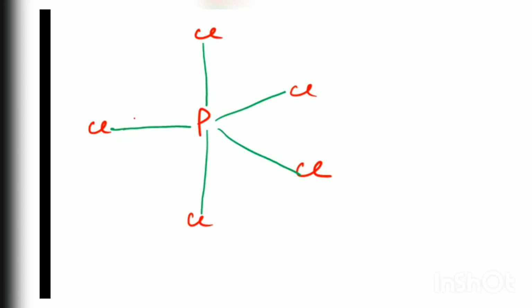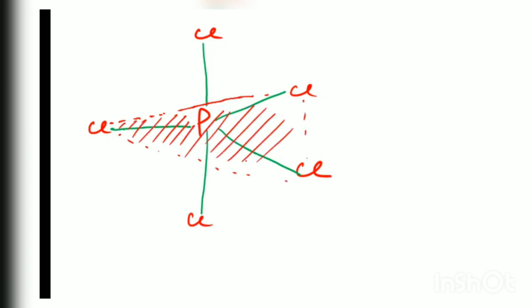We just have to attach these imaginary lines, so you can see a particular plane here. Okay, now just see how the shape or the geometry is derived.